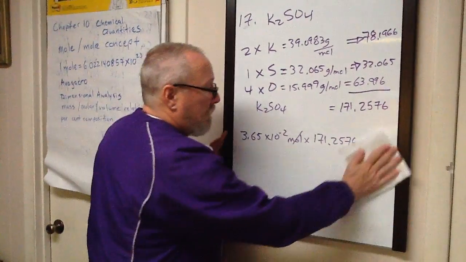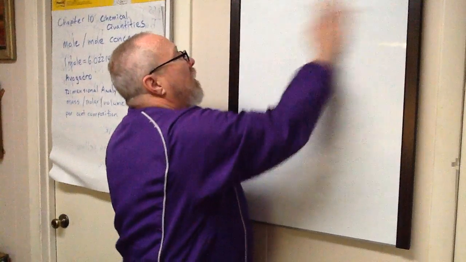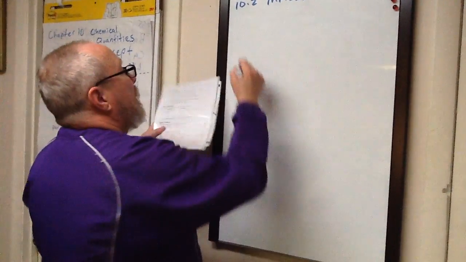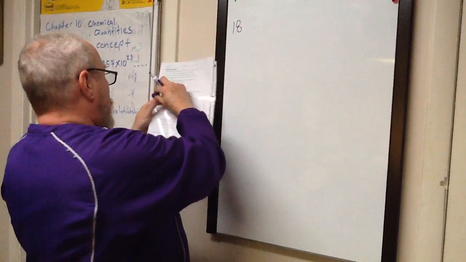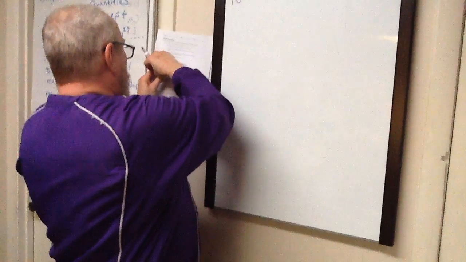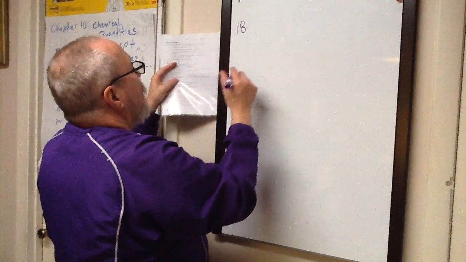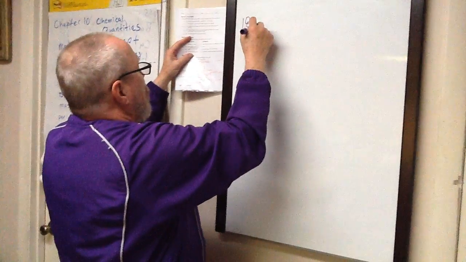Now the last question for this assignment is, how many representative particles in 2.5 moles of H2O2? So we really don't need to know anything about hydrogen peroxide.